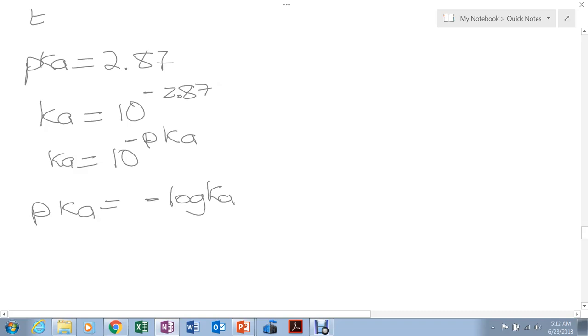So when we want to go the other way around, we have to do 10 to the power. So Ka would be 10 to the negative 2.87, and that gives me a Ka of 1.3 times 10 to the negative 3.